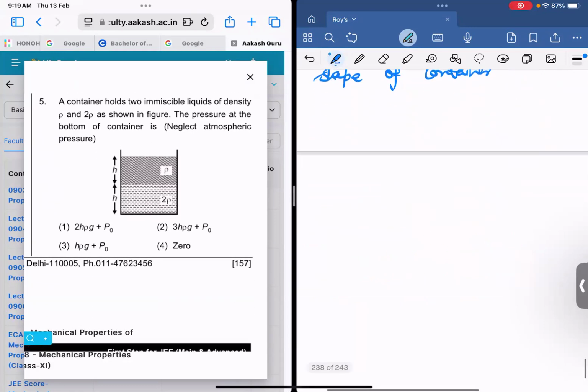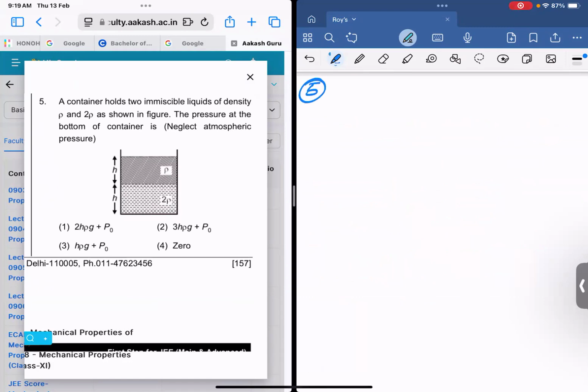Question number 5. It says a container holds two immiscible liquids of density rho and 2 rho as shown in the figure. What is the pressure at the bottom of the container? This is also a very good question. If you have two liquids, you have to know the height of both types of liquid.